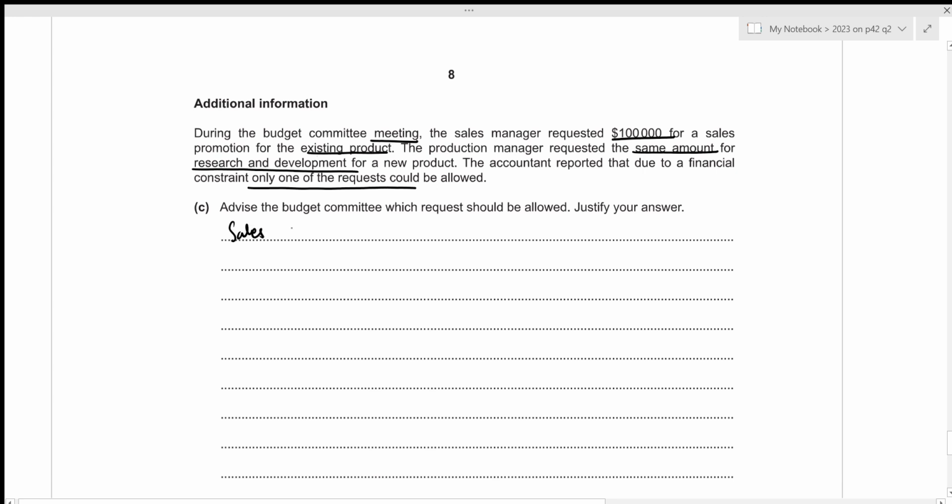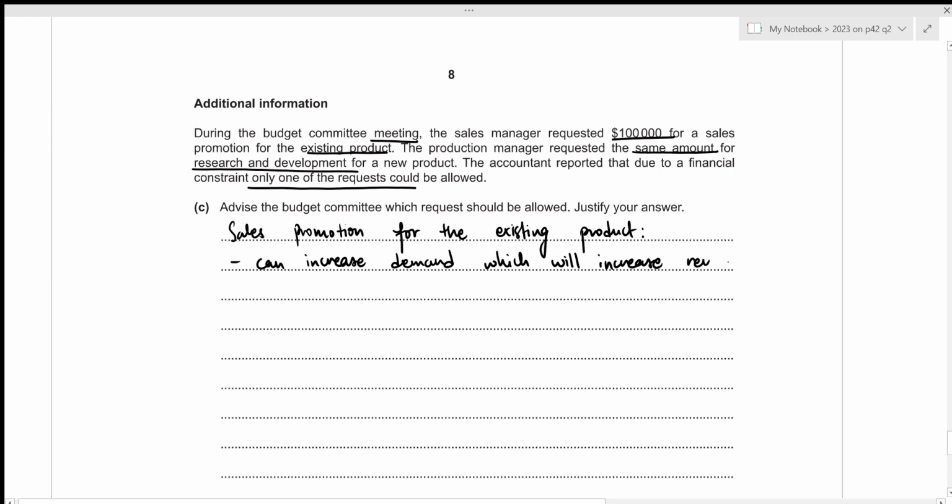So sales promotion for the existing product can increase demand, which will increase revenue as well as profit.